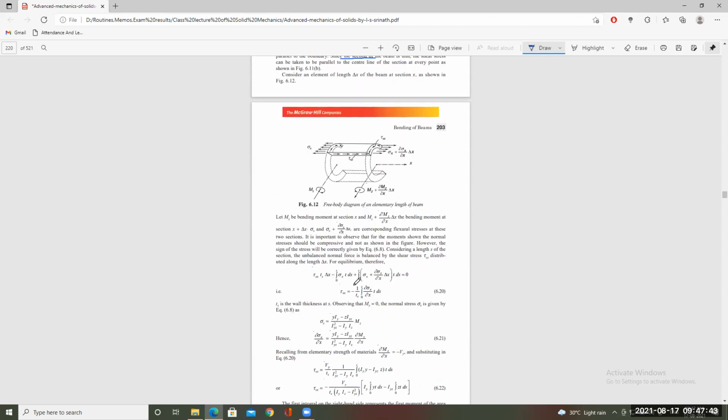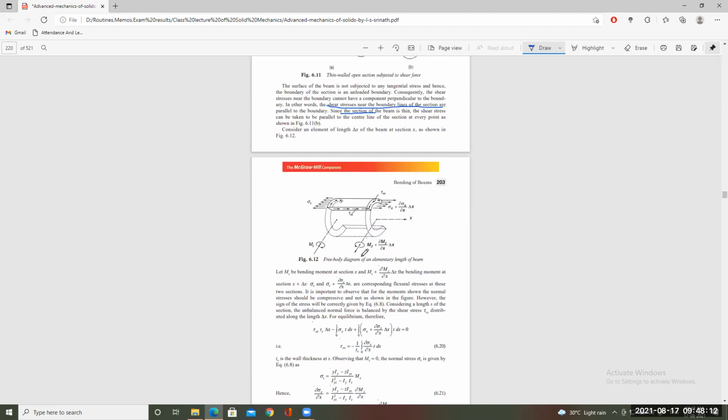So what we have is tau sx into delta x equal to tau sx into ts, where ts is the thickness of the section itself.